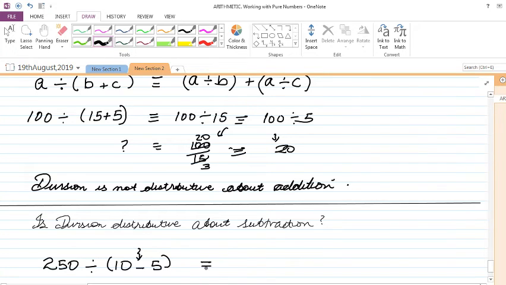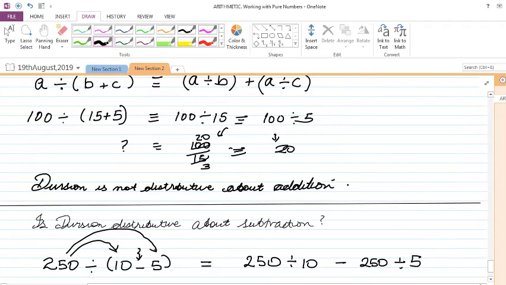We want to see whether that will be equal to 250 divided by 10 take away 250 divided by 5. So we are assuming that 250 divided by 10 minus 250 divided by 5. Well, let's see what we get there.